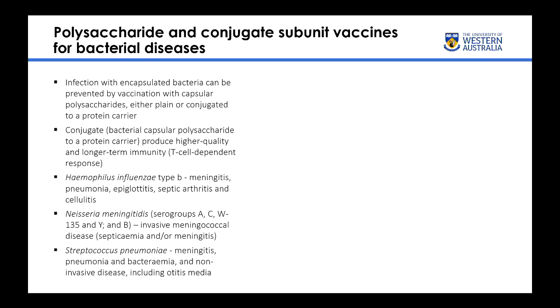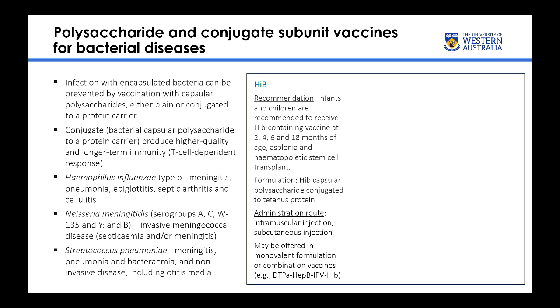We've seen before the logic behind polysaccharide and conjugate vaccines. These are quite important in very young children, because we adults might carry these pathogens, almost colonized by them, but we are pretty much immune because our immune response is a lot more mature.